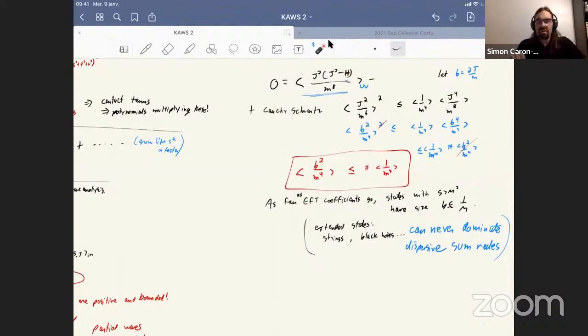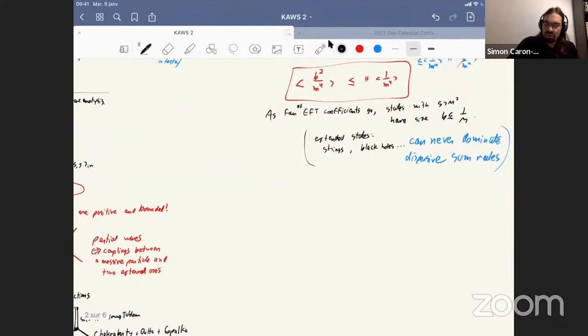I'm drawing with my hand, sorry, that's probably not very clear. If you have a brane and you scatter a graviton off it, it's not true that phi1 and phi3 commute.